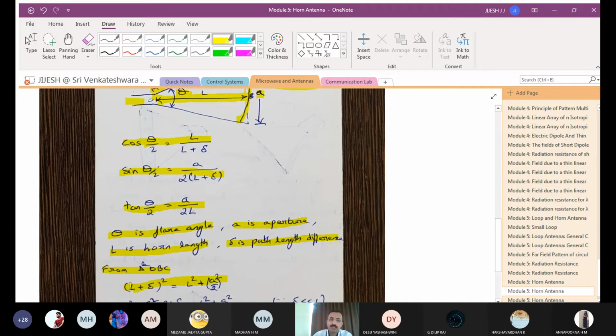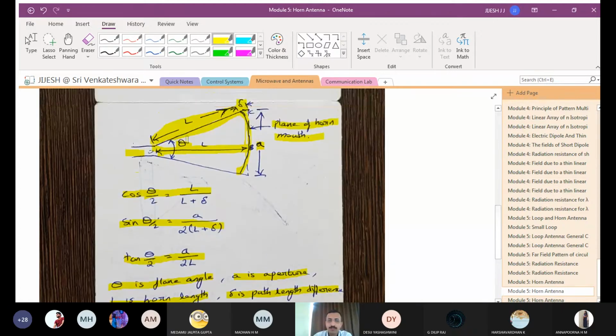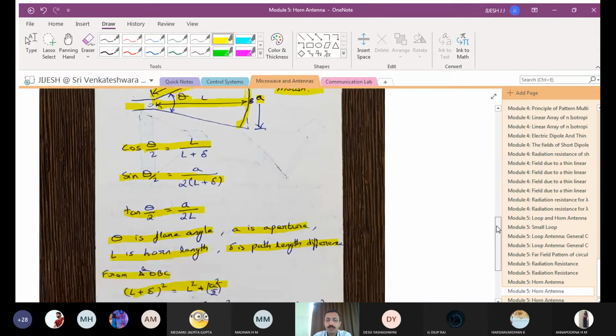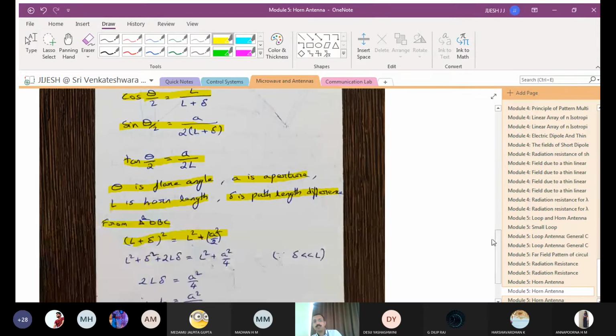From this, we simplify further, since delta is the path length difference and is very small compared to L. Expanding, L square plus delta square plus 2L delta is equal to L square plus A by 2 whole square.